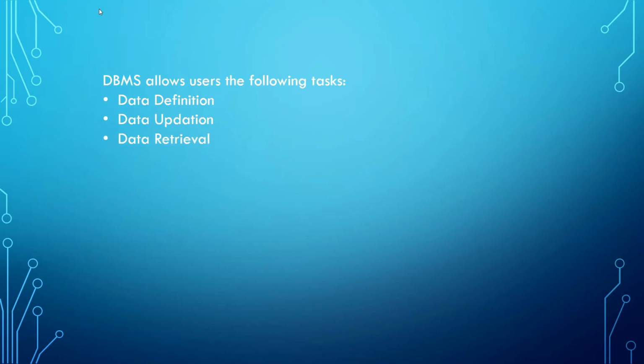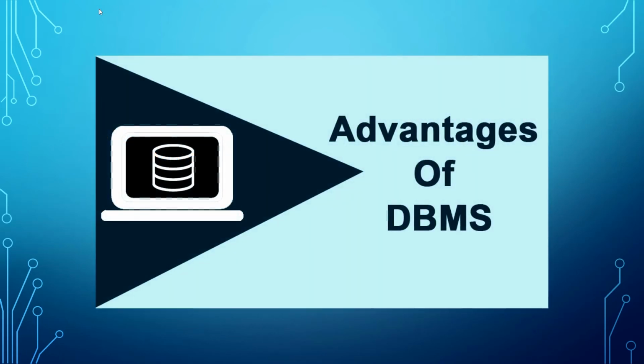Third is data retrieval. It helps in retrieving data from the database, which can be used by applications. And last is user administration. It helps in registering and monitoring users, enforcing data security, monitoring performance, maintaining data integrity, dealing with concurrency control, and recovering information corrupted by unexpected failure.